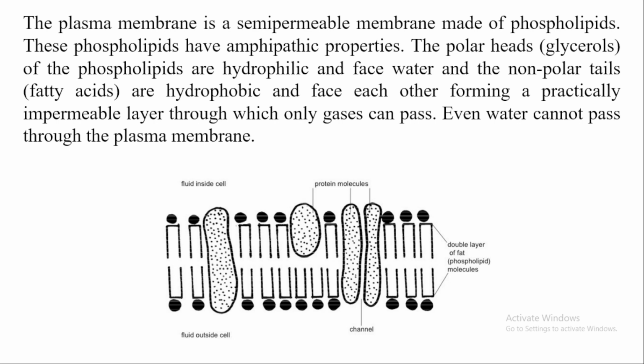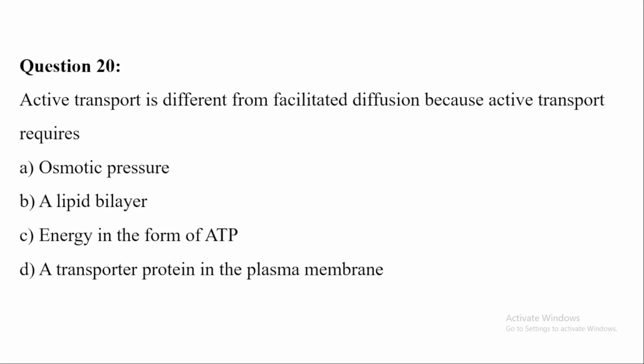So moving to the next question, question number 20. Active transport is different from facilitated diffusion because active transport requires option A, osmotic pressure, option B, lipid bilayer, option C, energy in the form of ATP, and D is transporter protein in the plasma membrane.